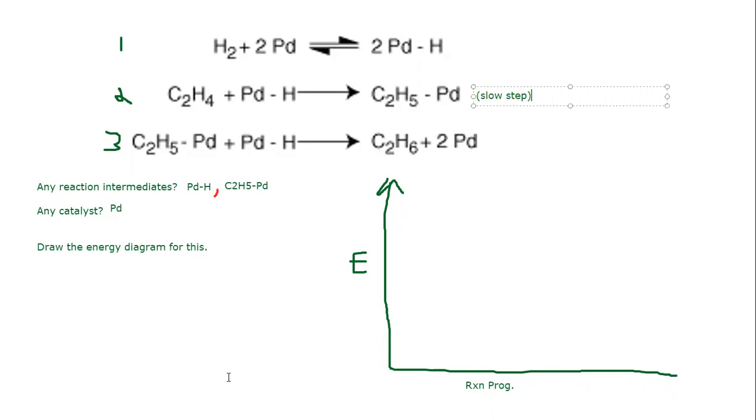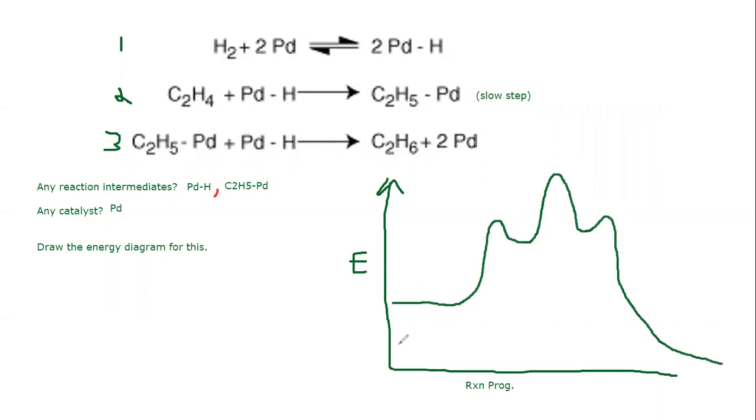So we have our reactants. We have step 1, step 2, step 3. And so now with the reactants again, H2 and palladium, the products, C2H6 plus palladium.